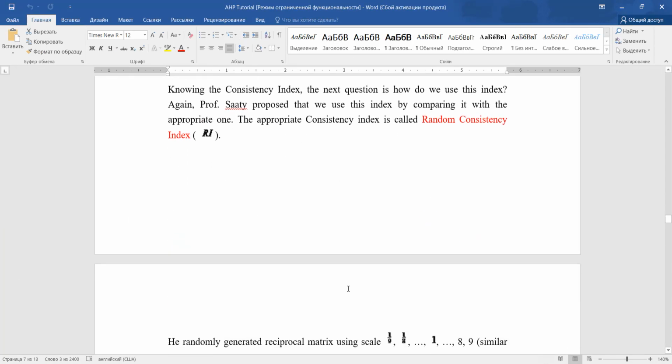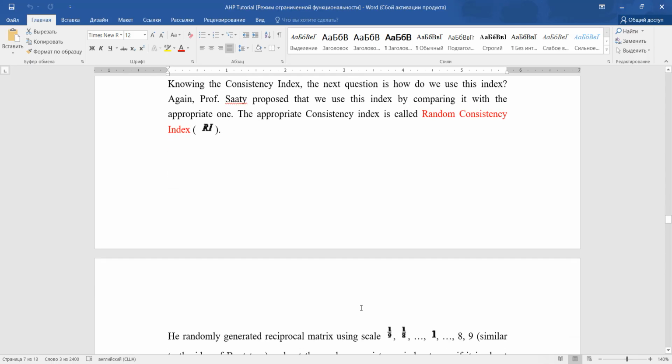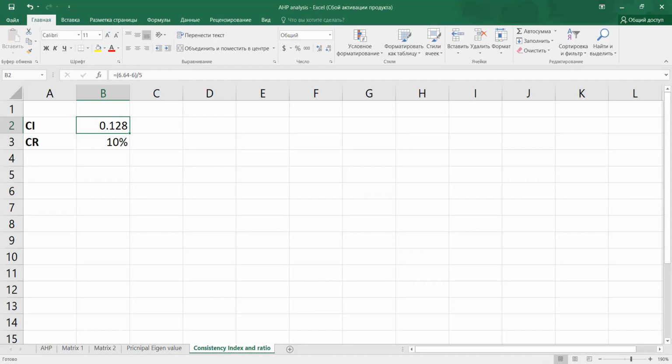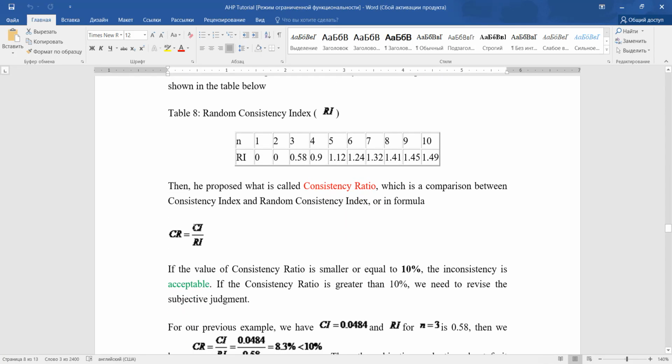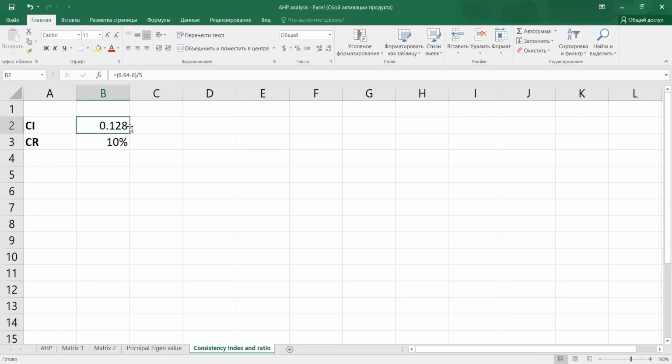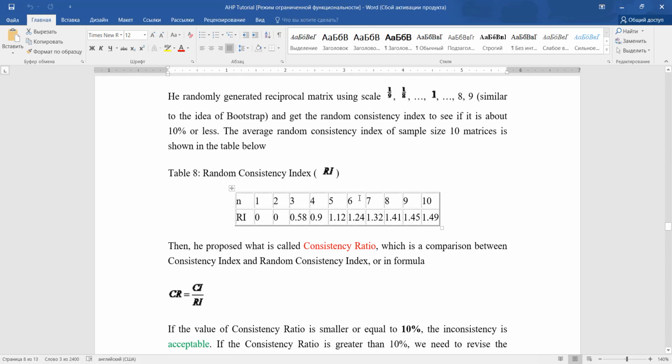And now the next step, the last step, will be to calculate the consistency ratio. Sorry. In order to calculate the consistency ratio, I need to divide the consistency index, which I calculated using the principal eigenvalue, by the random consistency index. The random consistency index is calculated by using random values for each number of things. In our case, we have 6 things, right?